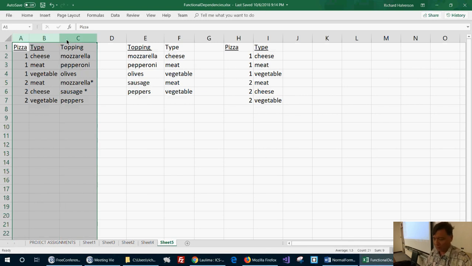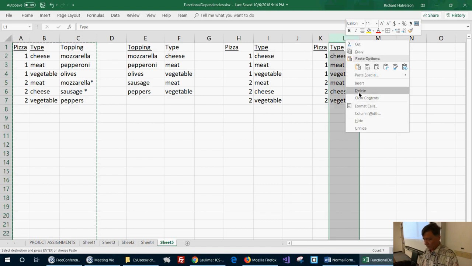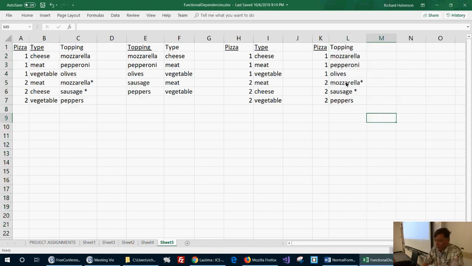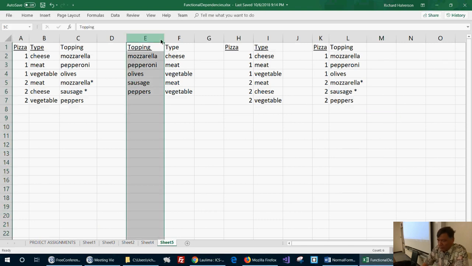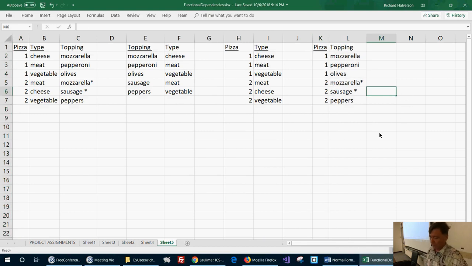So in other words, we still need this, and we get rid of this. Okay, so we actually need all three of these, and we would need to join them back up, and natural join would work. We join them all back up, and then we have our original table, and we're protected from these anomalies.